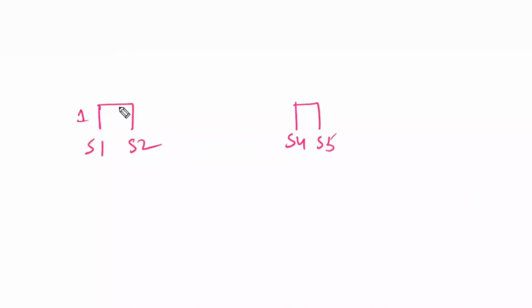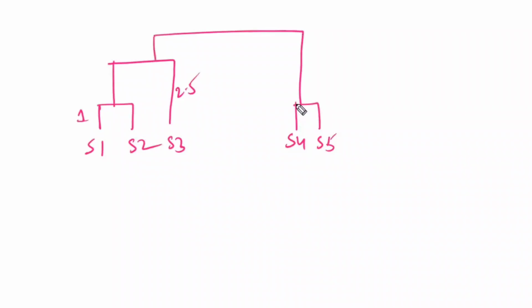The distance between this cluster and the next person is 2.5, so you have to draw a height of 2.5 and combine them. Overall, you combine according to the distance between these two. This one I have calculated earlier. This one I don't know; you have to calculate.